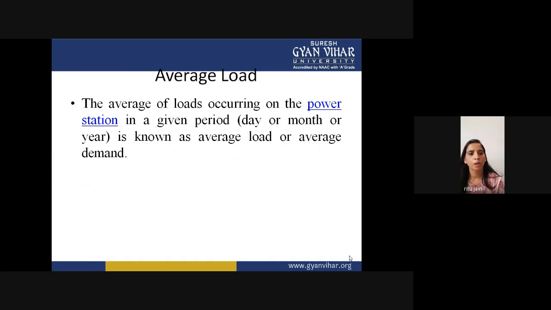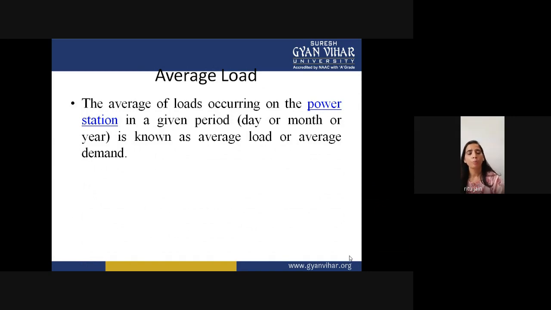If you want to calculate in a day, then you have to divide this load by 24. If you want to calculate this load for a month, then you have to divide it by 30 into 24. If you are calculating for a particular year, then you have to divide this load by 360 into 24. So by this calculation we can easily calculate the average load.